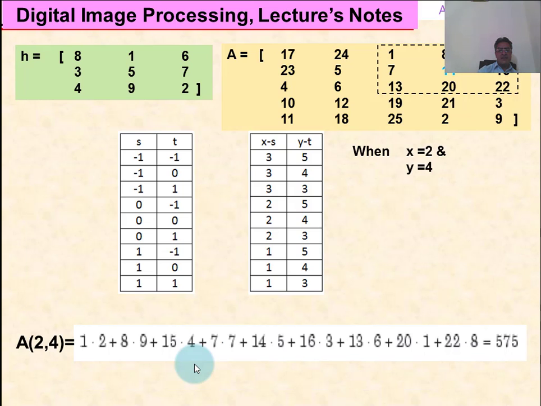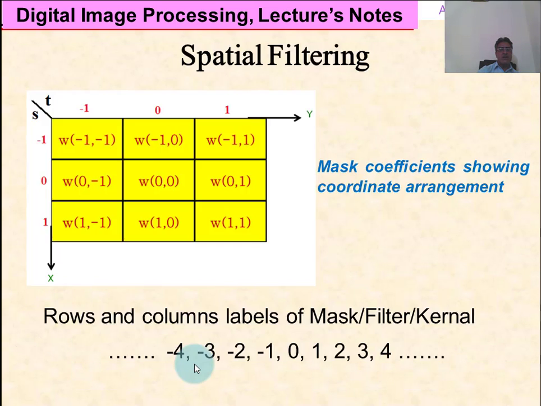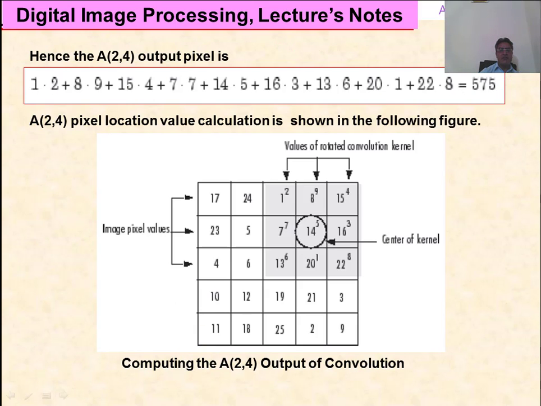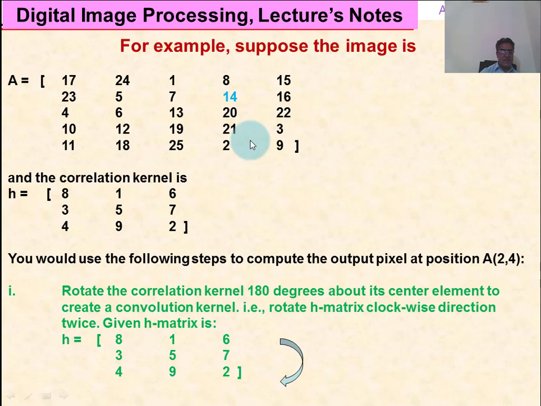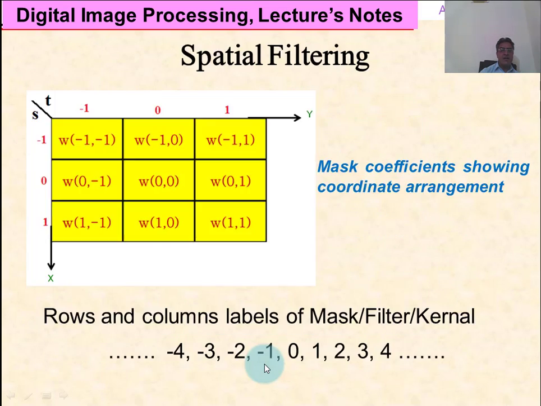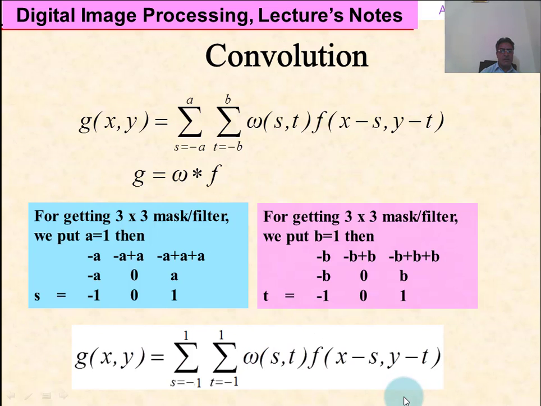And this 575 value we have previously obtained by rotating the kernel, that is, we have rotated clockwise and then clockwise, but here we are not rotating, and we are automatically performing this operation through this minus operator.